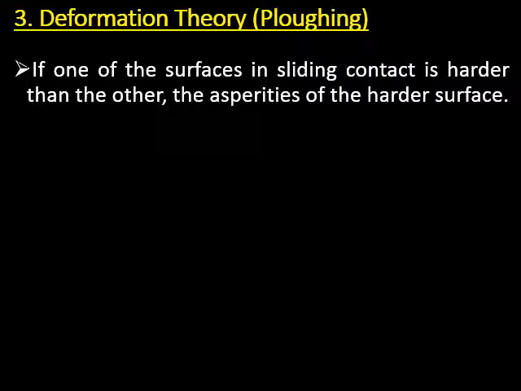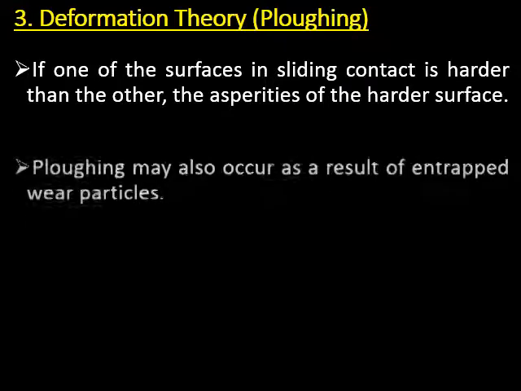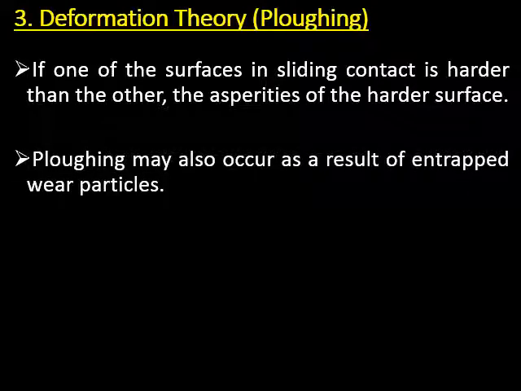And if one of the surfaces in sliding contact is harder than the other, then the asperities of the harder surface may penetrate into the softer surface and plough into it, produce grooves and remove material from the softer surface.